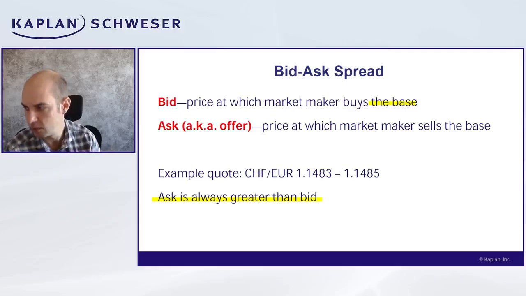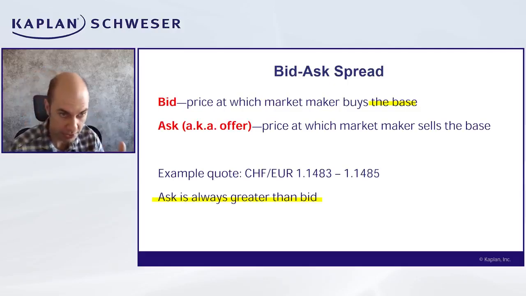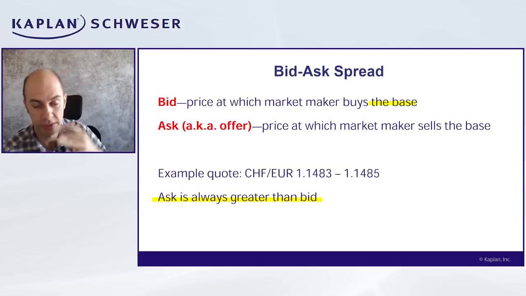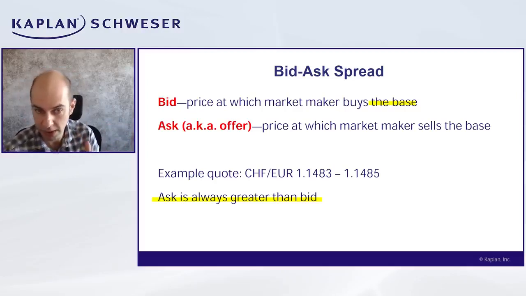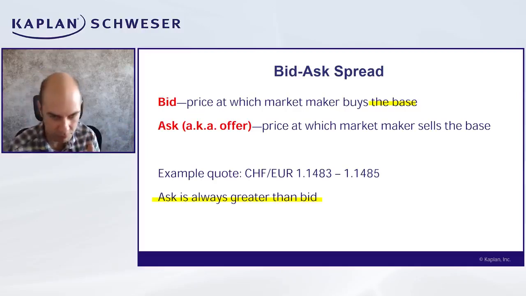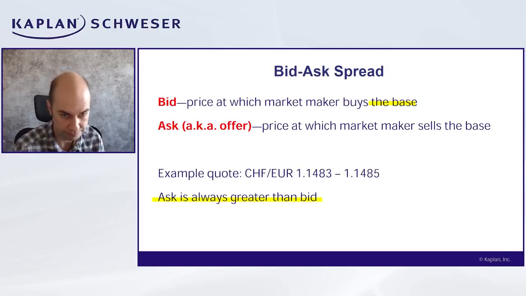Your basic 101 financial mantra: buy low, sell high. So what kind of dealer would stay in the market if he bought high and then sold low? They're not gonna stay in the market very long. So the bid is always smaller than the ask. Buy low, sell high. That's from the point of view of our market maker.